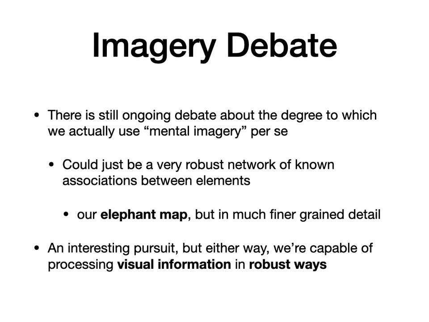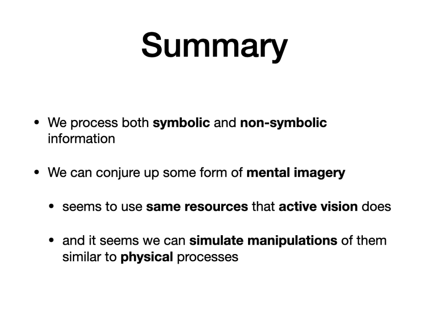So, in summary, the idea of mental imagery is that we can process on multiple layers here. We can process it at the symbolic layer, but we can also process at this non-symbolic layer. We don't necessarily need strong symbols to process information. The light that comes into my eyes gives me a way to interact with the world.